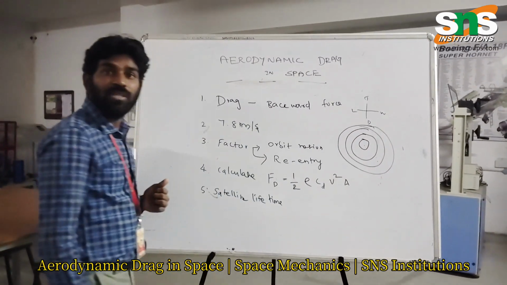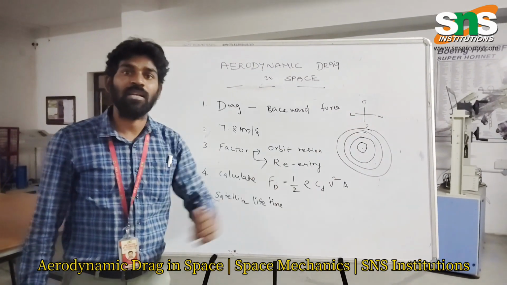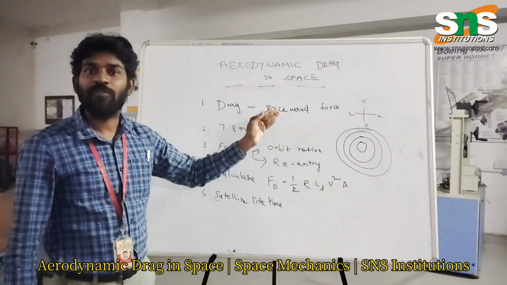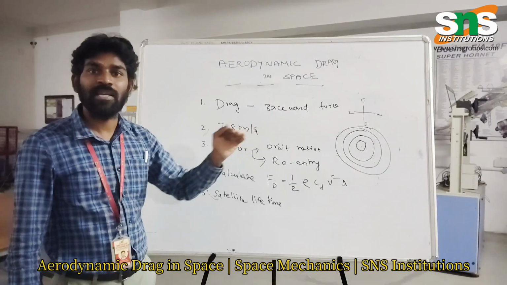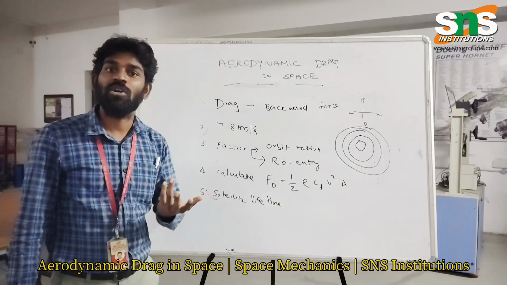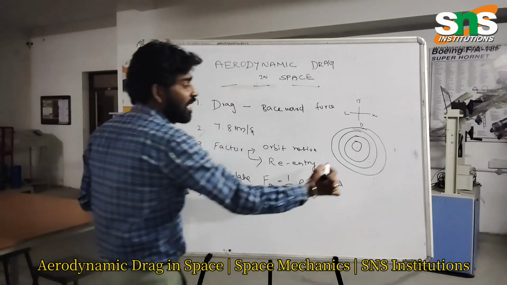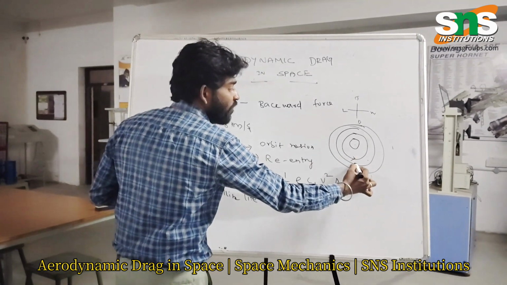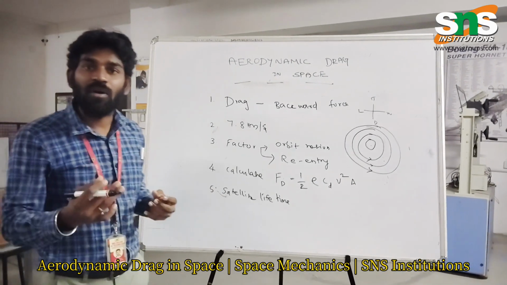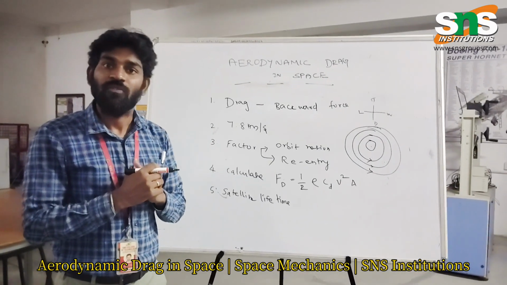The satellite orbit includes the semi-major axes. Aerodynamic drag in space affects controlled or uncontrolled missions. If it is an uncontrolled mission, the satellite does not follow its orbit region and the orbit changes the direction of the space vehicle.